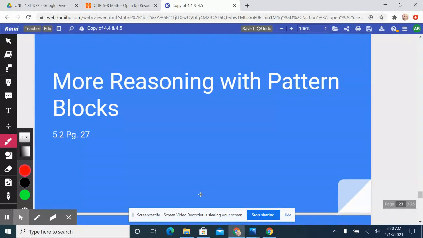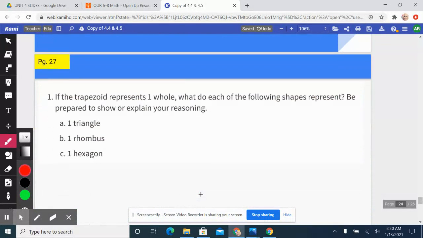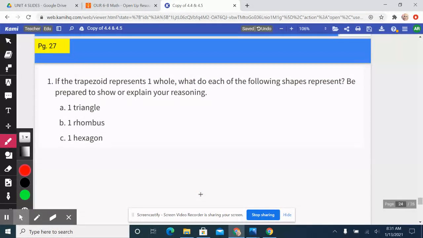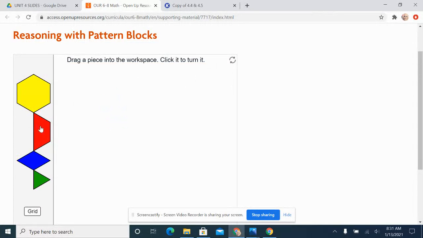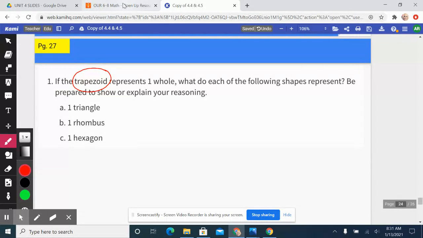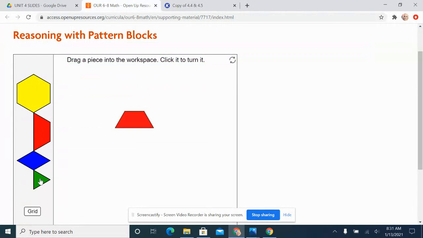Okay, so now we're on page 27 still. And it says if a trapezoid represents a whole. So now this is going to be just a little bit different than what I did in lesson 4, because now the trapezoid is the whole. So let me restart. And now my 1 whole is this guy there, right? So it's going to be that one. So 1 triangle, let me move 1 triangle into this.